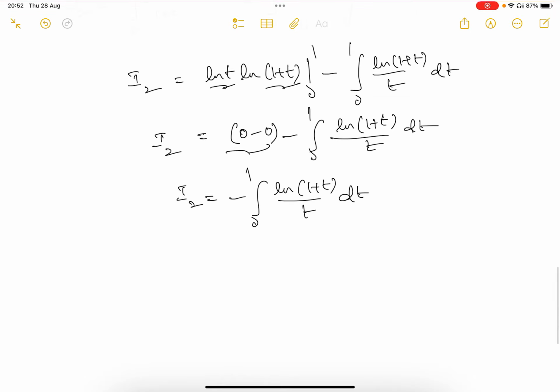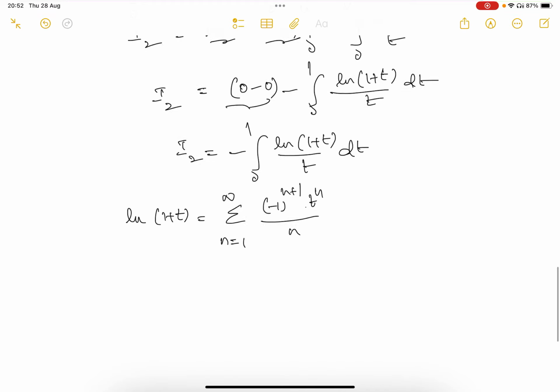Fine. We know the formula for ln of 1 plus t is summation n equal to 1 to infinity, minus 1 whole power n plus 1, into x power n, sorry, here our case is t, right? t power n by n.